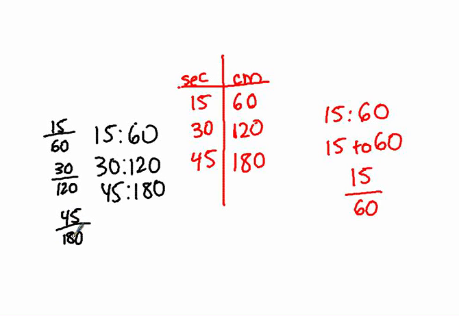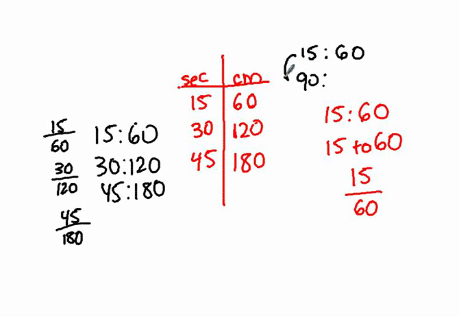You also know that within a ratio table or with fractions, you could go directly from something like 15 to 60. What if I wanted to increase the seconds to 90?